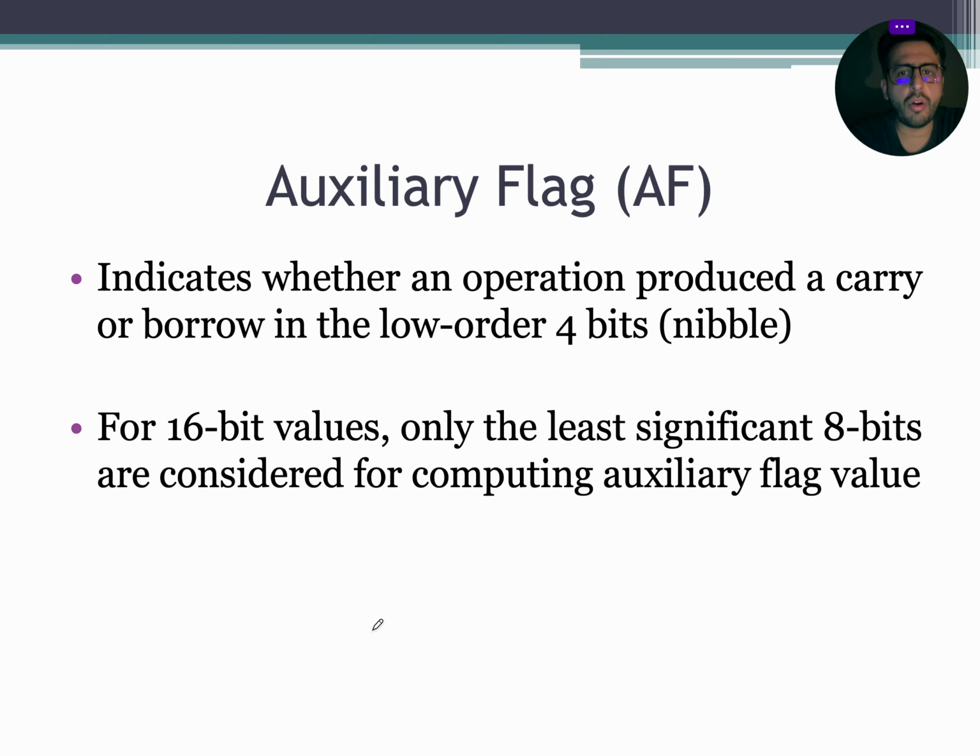Next flag is the auxiliary flag. The auxiliary flag indicates whether an operation produces a carry or borrow in the low order 4 bits. Do remember that 4 bits are considered a nibble. For the auxiliary flag, when working with 16-bit values, we only consider the least significant 8 bits. To understand the auxiliary flag, let's consider a few examples.